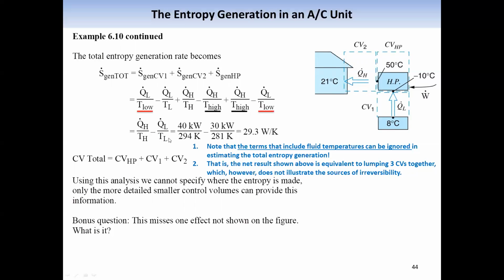More detailed analysis like we went through gives us more information about the cause of irreversibility. That is why we go through a more complicated analysis like we did. And of course, in this analysis, we discuss the source of irreversibility clearly.